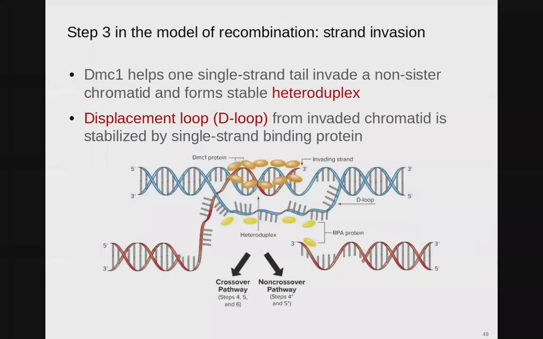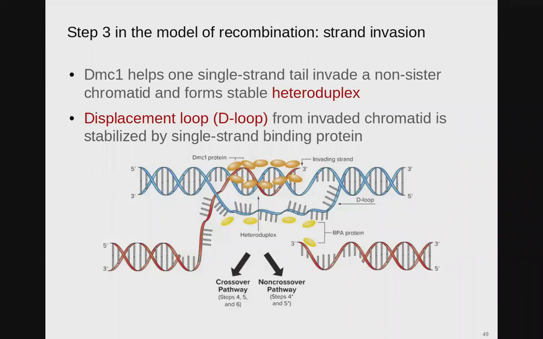Step three, which we call strand invasion. We have another protein which we call DMC1, not to be confused with Run DMC. But DMC1 helps one single-stranded tail invade a non-sister chromatid, forming what we call a heteroduplex.